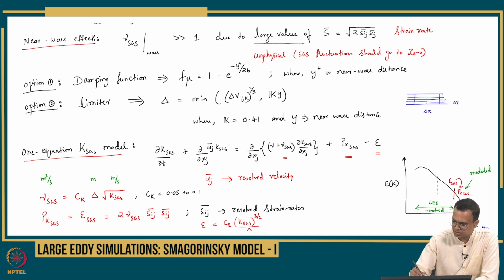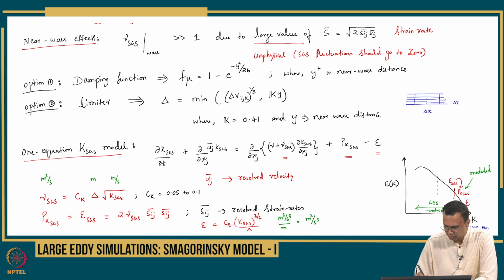This is nothing but meter cube by second cube divided by meter, which gives you meter square by second cube, dimensionally correct. So this empirical formula is used to get epsilon here.